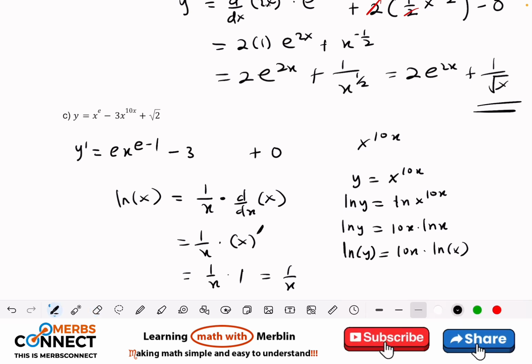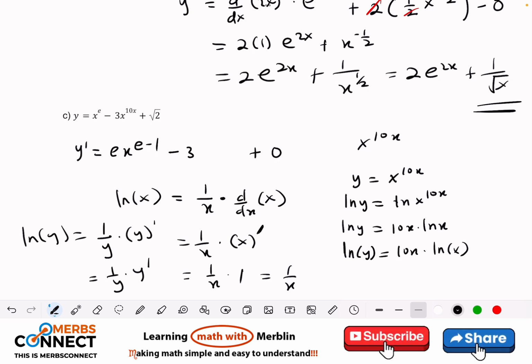So if I want to differentiate ln y, it will be equal to 1 divided by what is inside the parentheses times what is inside the parentheses prime. So this one will be 1 over y times y prime. That will be the differentiation for ln y.